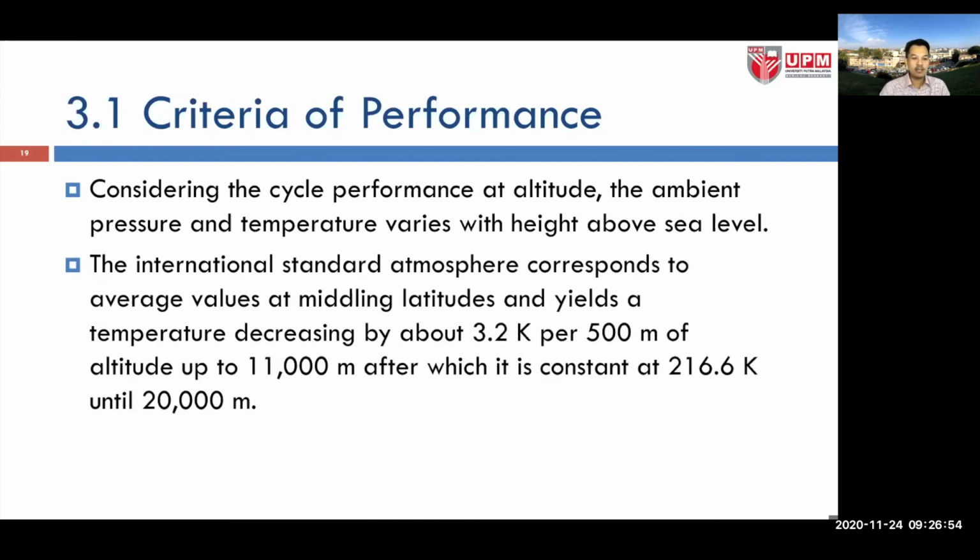According to the International Standard Atmosphere, or known as the ISA, it corresponds to average values at middling latitudes and yields a temperature decreasing by about 3.2 Kelvin for every 500 meters of altitude, up to 11,000 meters. Then it is constant at 216.6 Kelvin until 20,000 meters.